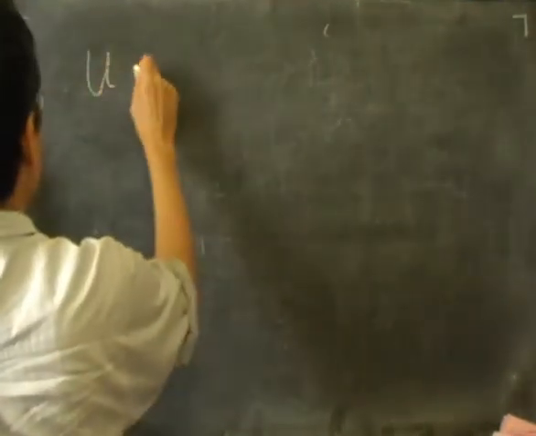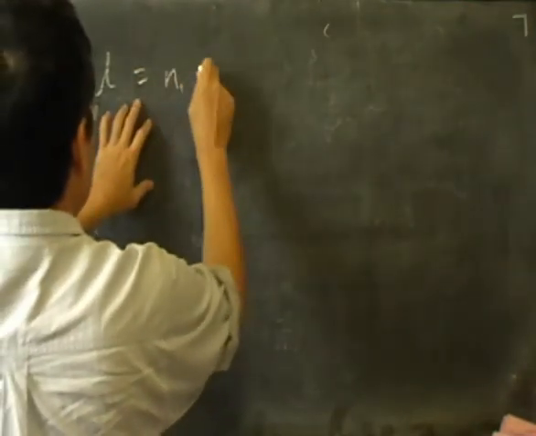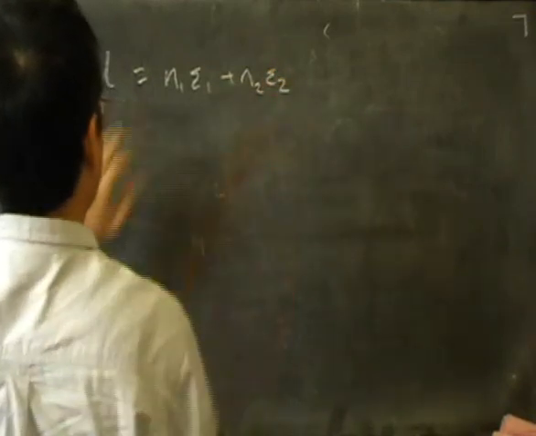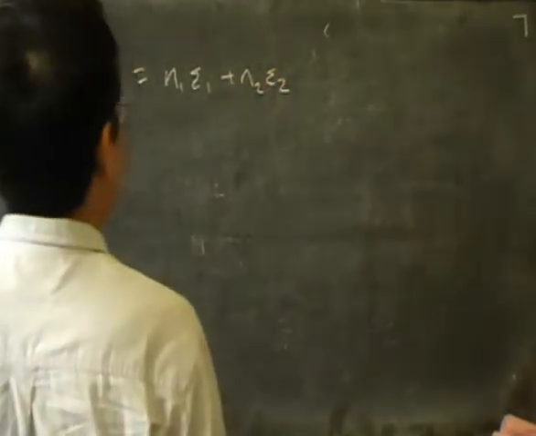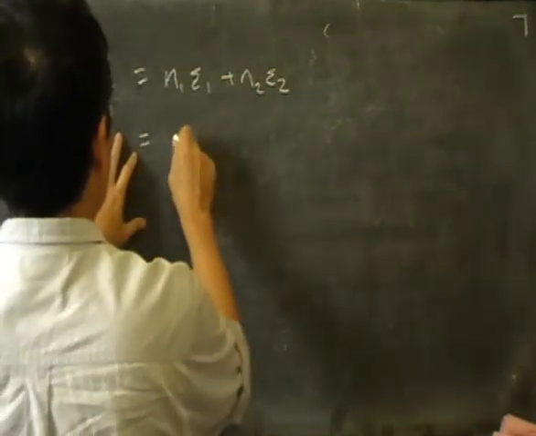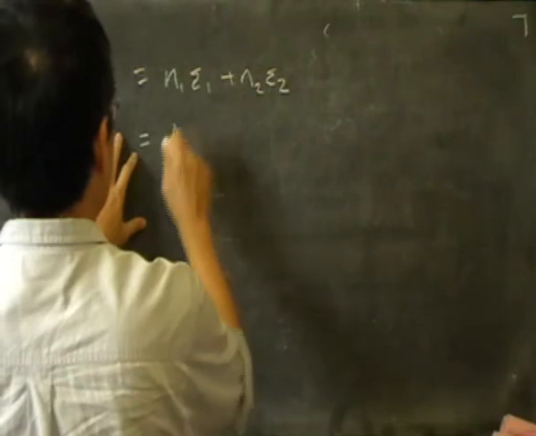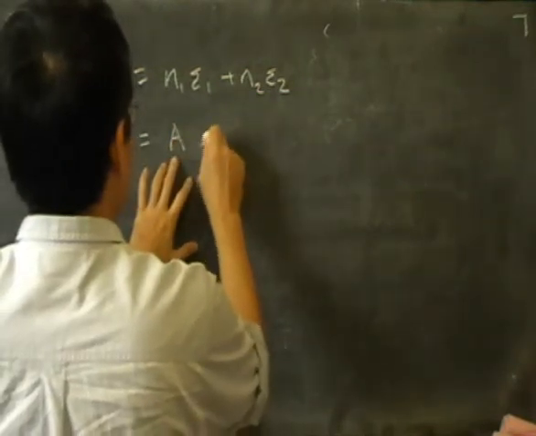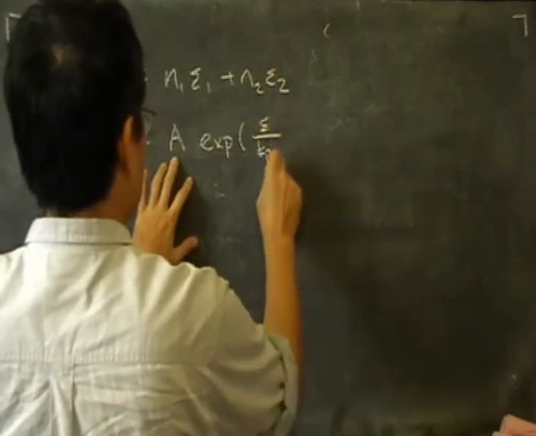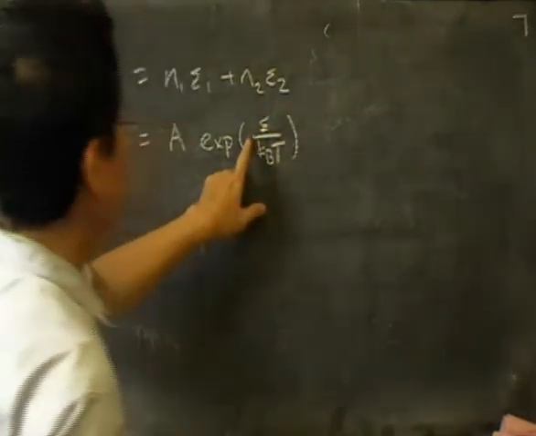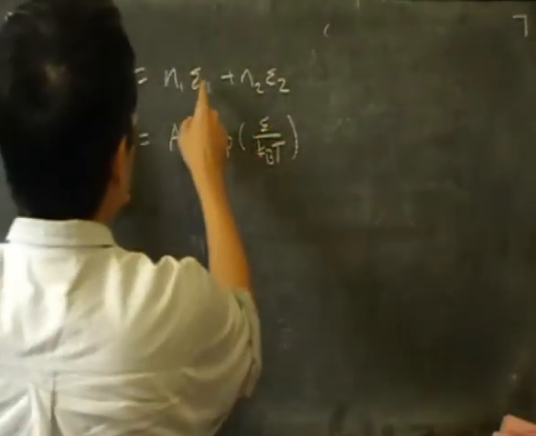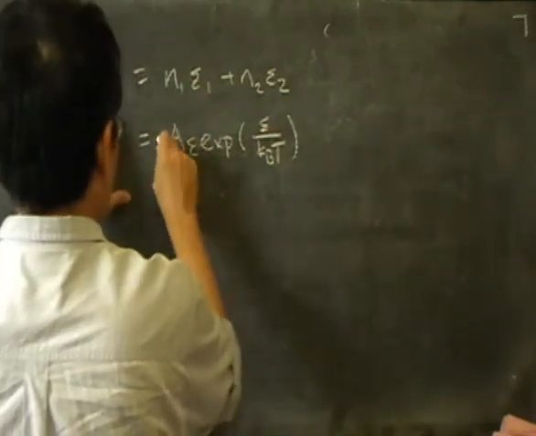U is equal to N1 epsilon 1 plus N2 epsilon 2. Right. Okay. Then N1, as we recall, is A exp epsilon over k_B T. Remember that there isn't a minus sign because the energy level is minus epsilon, and that's epsilon 1, which is minus epsilon, right?